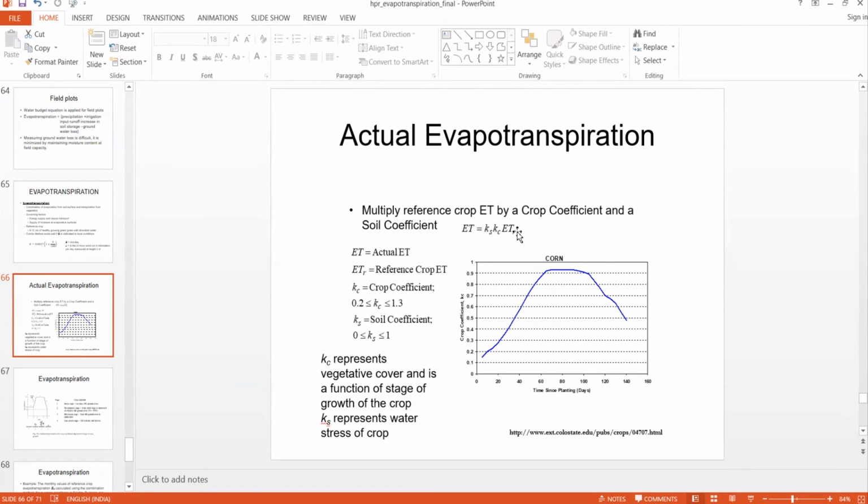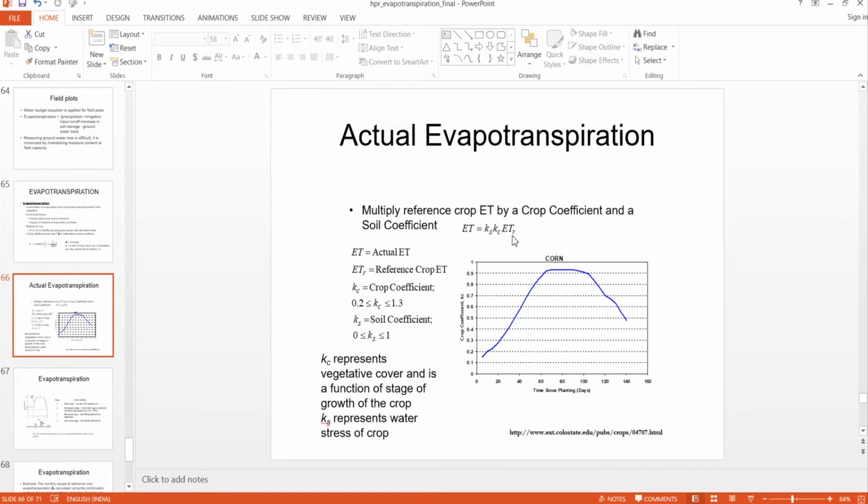KC represents the growing stage of the crop. When the crop is in maturity, the KC value is almost 1.0, whereas during seeding time, when the seeds are planted, the KC value is almost 0, and the KC value decreases again during the harvesting season.